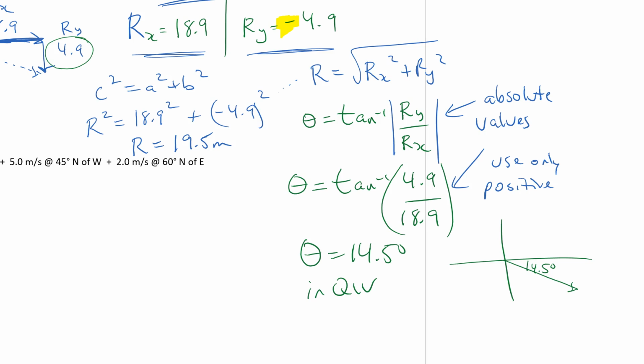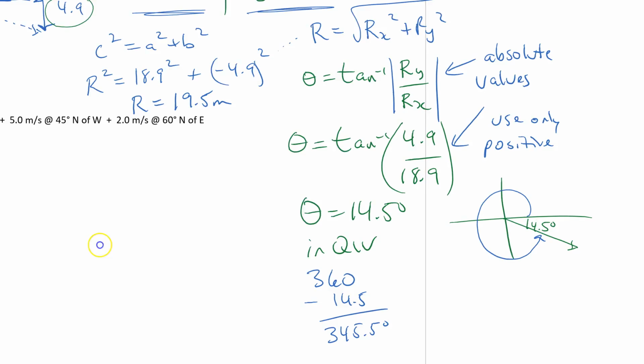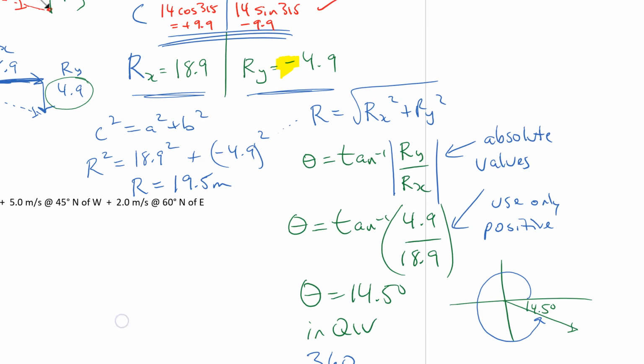So what is my heading using counterclockwise from east? Because it's in quadrant 4, it's going to be 360 minus that 14.5. And so I'll get an answer of 345.5 degrees.